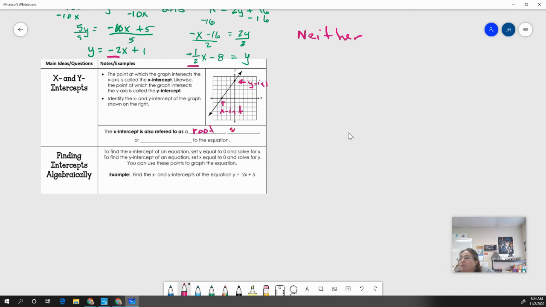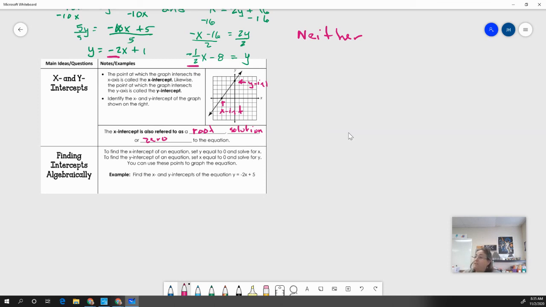You'll hear it as solution. And you will hear it as the 0 to the equation. Now, when you want to find the intercepts, if you're looking for the x-intercept, set y equal to 0 and solve for x. If you're looking for the y-intercept, set x equal to 0 and then solve for y.